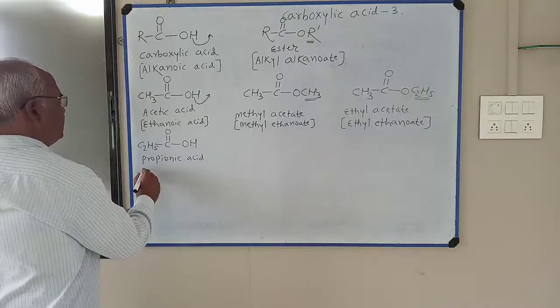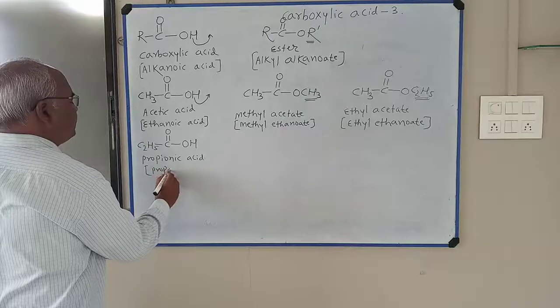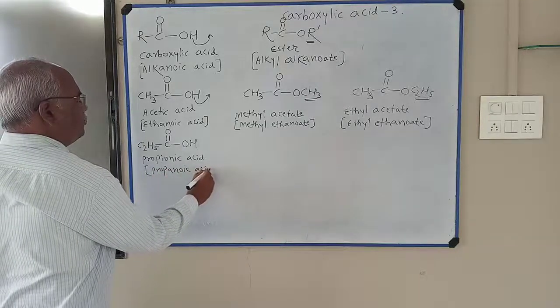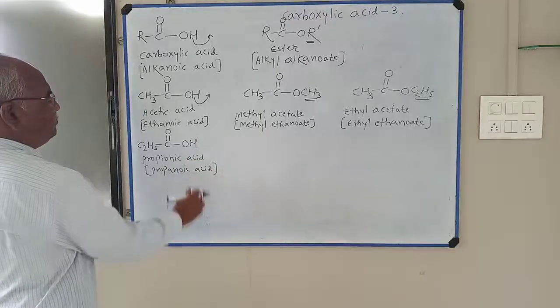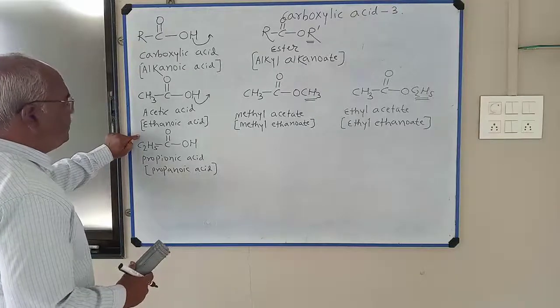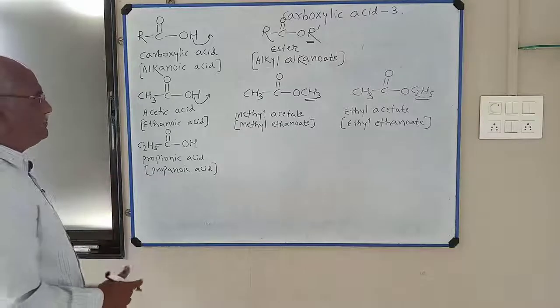Its IUPAC name is propanoic acid. Notice the difference in common name and IUPAC name. Propionic acid is the common name. Propanoic acid is the IUPAC name.